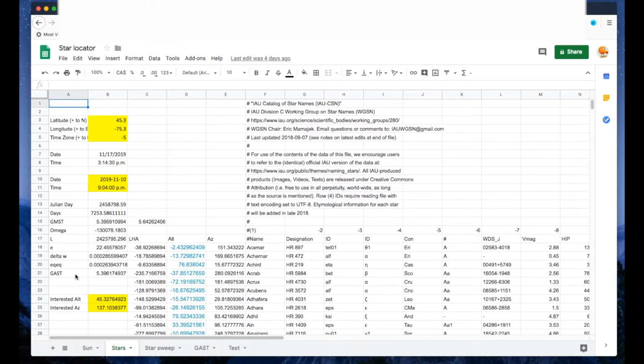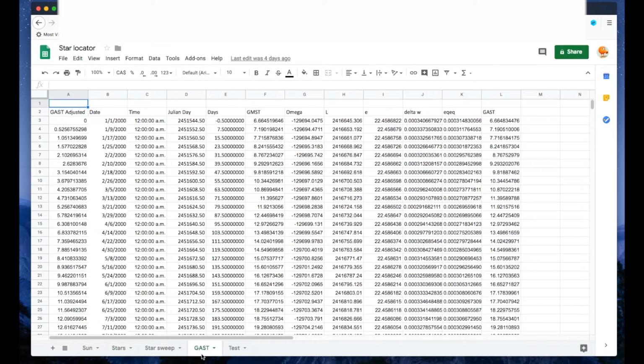The Greenwich apparent sidereal time is the hour in which, for any particular date and time, all of the celestial objects have to be adjusted to calculate where the star is going to be in the sky for that particular time. So I took this formula and I created a separate tab in this spreadsheet.